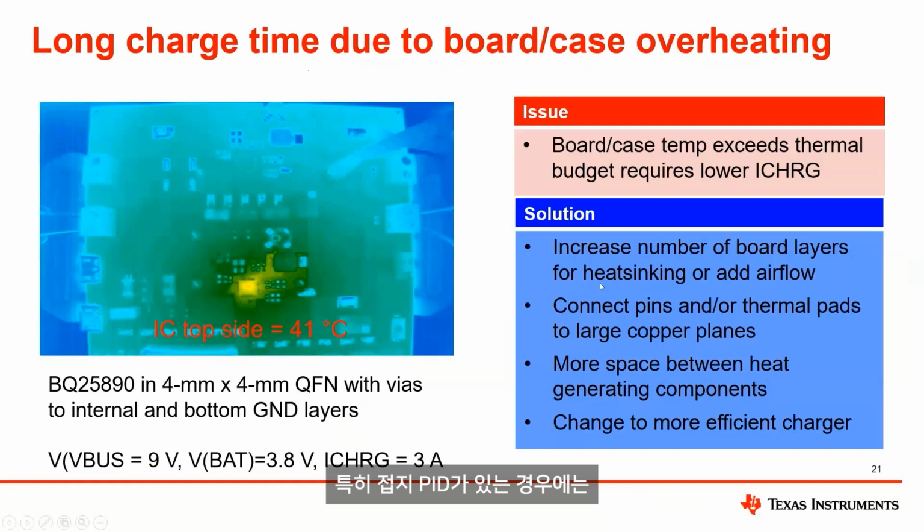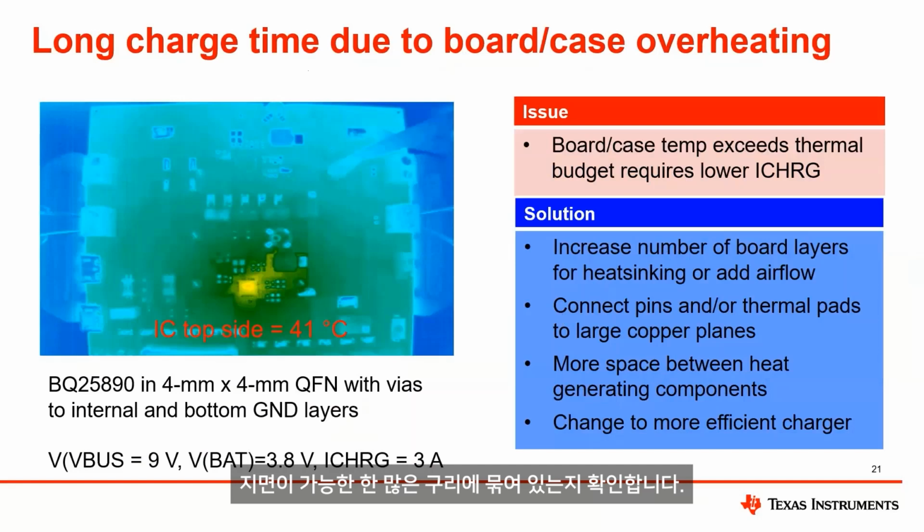Make sure that the ground, especially if you have a ground pad, is tied to as much copper as possible, and also any of the power pins, so VBUS, PMID, and SYS, switch, are connected to as big of planes as you possibly can.